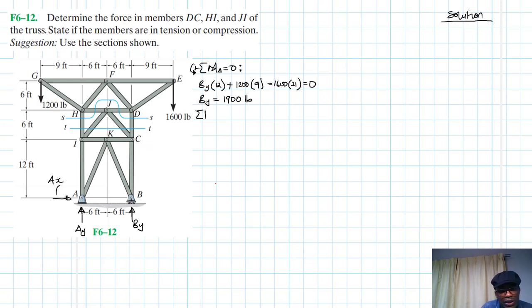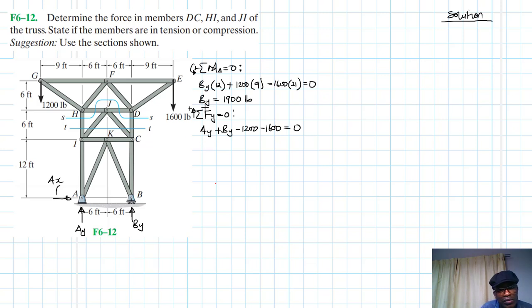Then we have summation of forces in the Y equal to 0. Okay, what do we have? We have AY plus BY minus 1200 minus 1600 equal to 0.